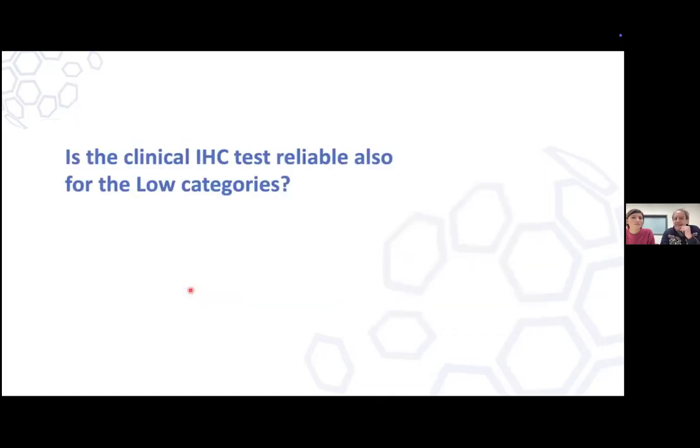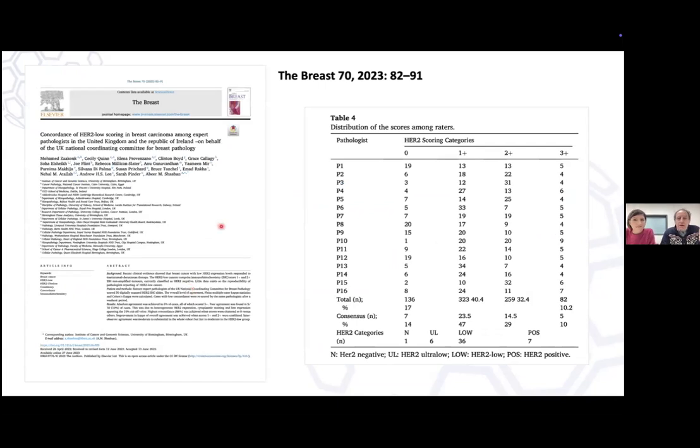Is the IHC test reliable also for the low category? This is a big question. And in fact, there are a number of very good publications that show that we pathologists are not very good at recognizing this low. And I'll show you one only. This is relatively recent. This comes from the UK. These are the most experienced pathologists of the UK.